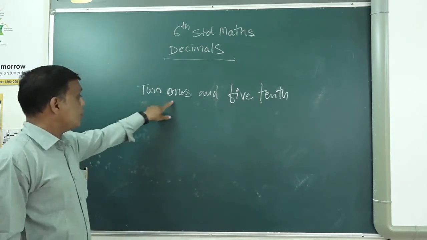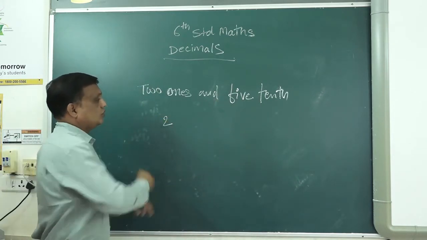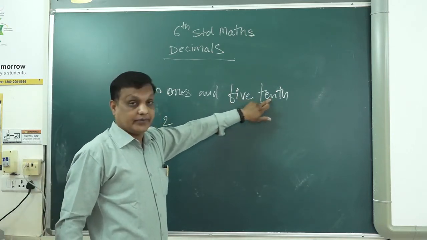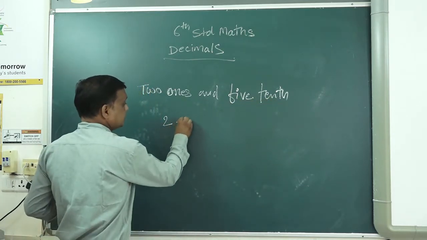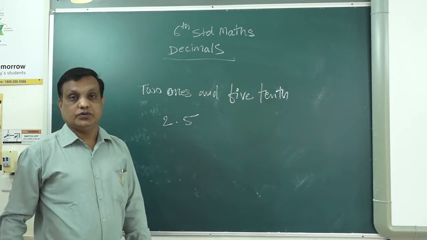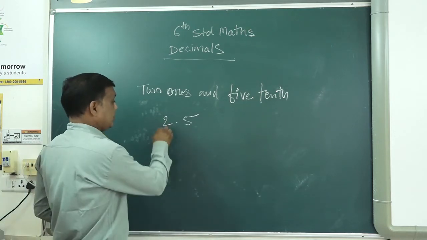What is given here? 2 ones means 2, and 5 tenths came, so 0.5. So 2.5 is the decimal.